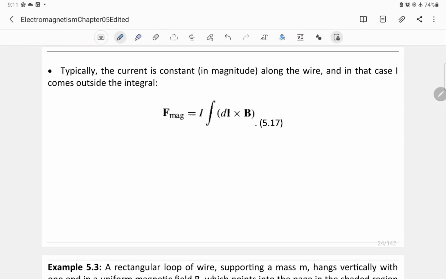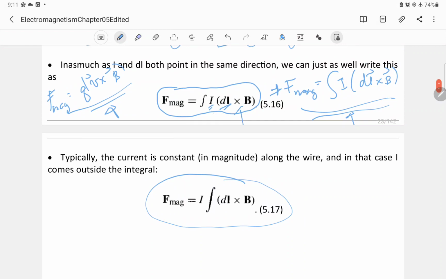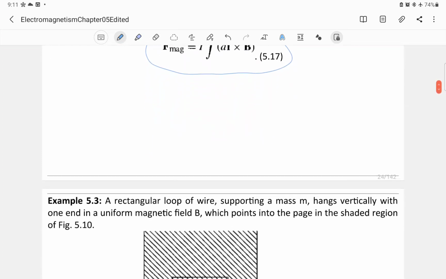Typically, the current is constant, so you can put that outside of the integral, and so your magnetic force would look like this instead of this one. So your I is now outside of the integral.